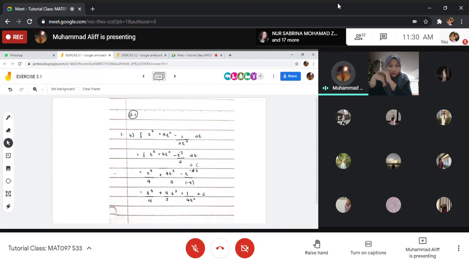First term I get t to the power of 4 over 4, plus 4 over 3 t cubed. Then negative t to the power of negative 2 over negative 4, because 2 times negative 2 gives negative 4. Then I simplify to get t to the power of 4 over 4 plus 4 over 3 t cubed plus 1 over 4 t squared plus c.